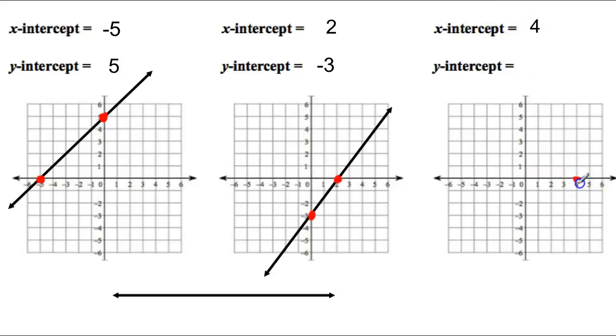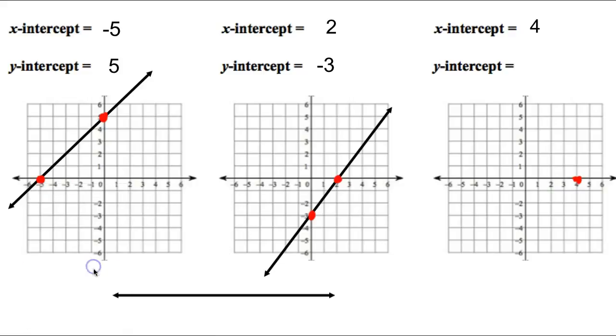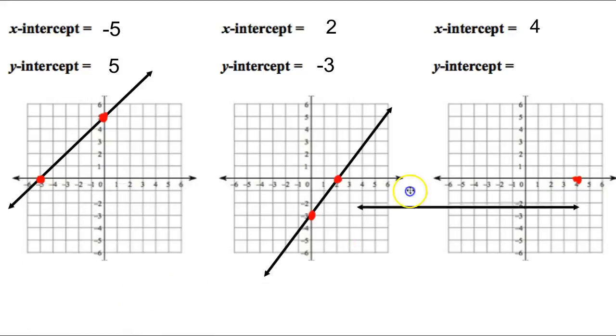Alright, this next one, the x-intercept is 4. So I'll put that right there. The y-intercept, there is none. So it never crosses the y-axis. The only way that this line could exist is if it went straight up and down.